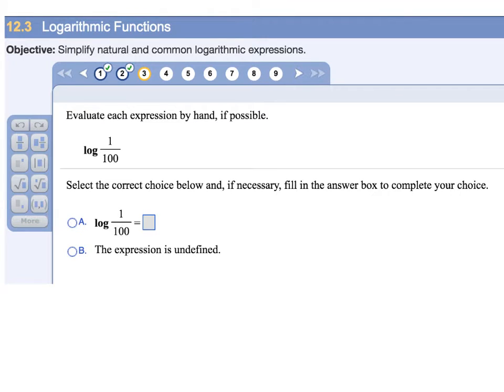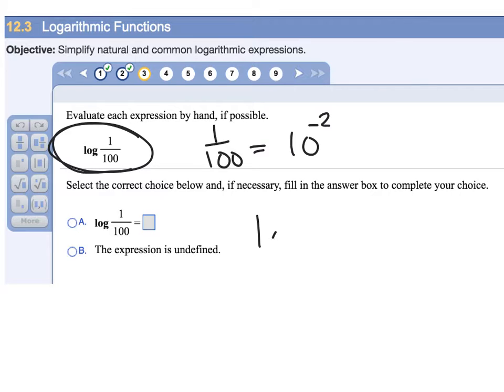And so here, again, we're just going to write this into Desmos. Now, the trick is to know that 1 over 100 is really the same thing as 10 to the -2. So now you should be able to see that log of 10 to the -2, well, we know that's going to be a 10.